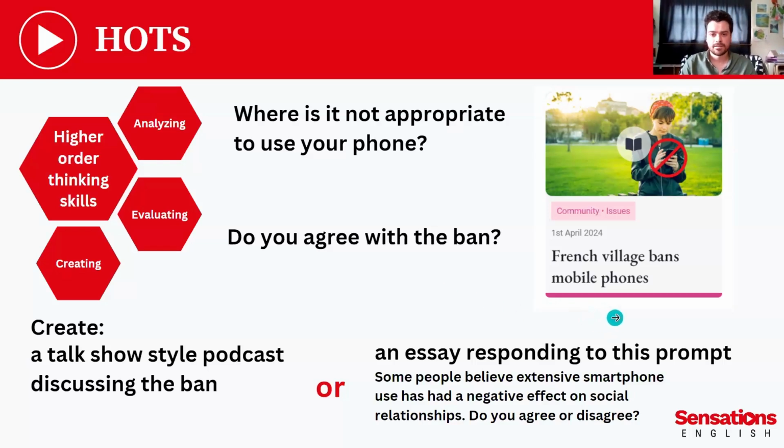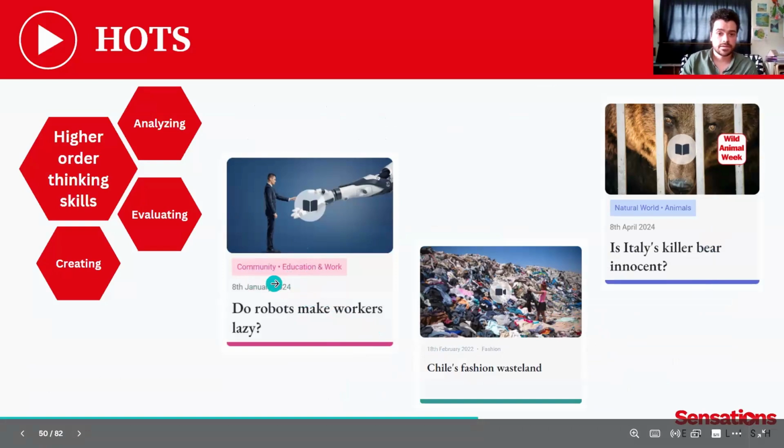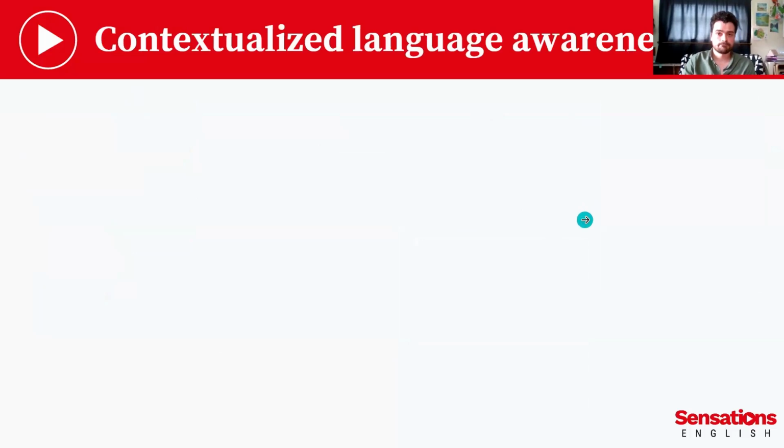Right? So you're kind of melding this digital resource with a test prep issue. Now, the wide variety of topics really helps. Notice that some of these are about education and work, some are about fashion or ecology, some are about animals or the environment. That really helps because a lot of our tests deal with those same issues.